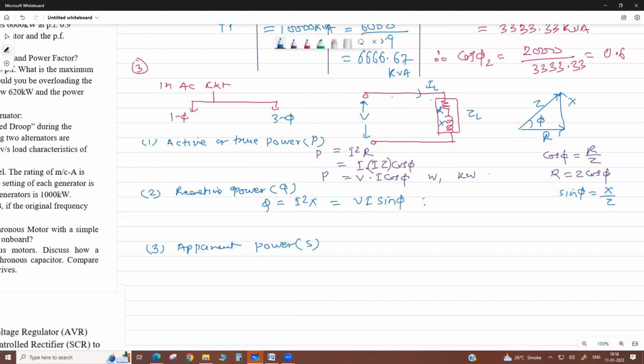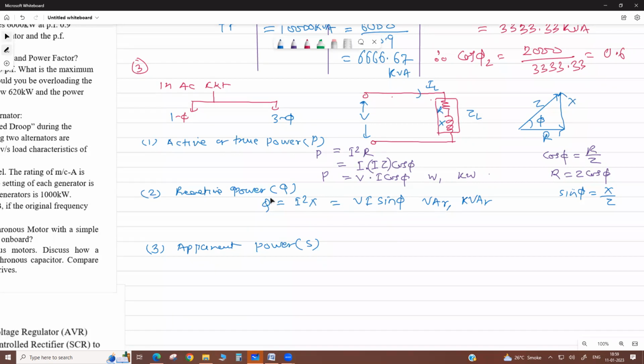Reactive power, the unit is volt ampere reactive, voltage into current, or bigger unit is kilovolt ampere reactive. So this is the unit of this power.